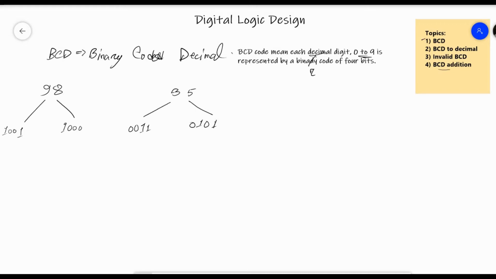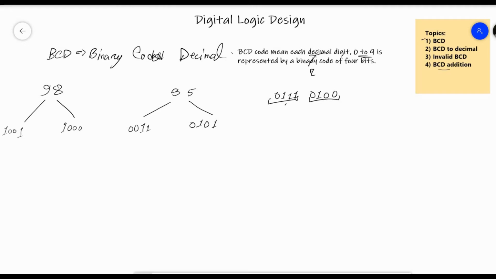Now if we go the opposite way, for example we are given the following BCD code 0111 and 0100. I kept a space in between so you can understand that these are separated 4 bits each.